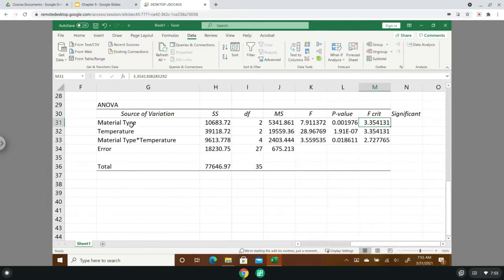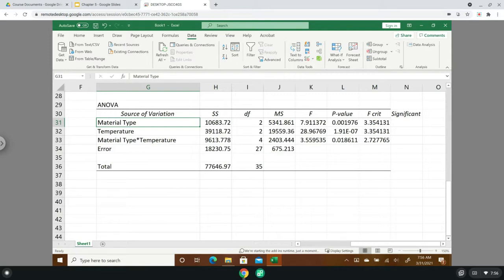That means we are saying that the average battery life due to material type 1 is equal to the average battery life due to material type 2 is equal to the average battery life due to material type 3. Mu1 is equal to mu2 is equal to mu3, right? For the material type we're talking about. So the null hypothesis is always equality of means.